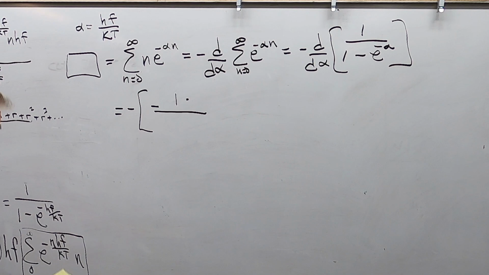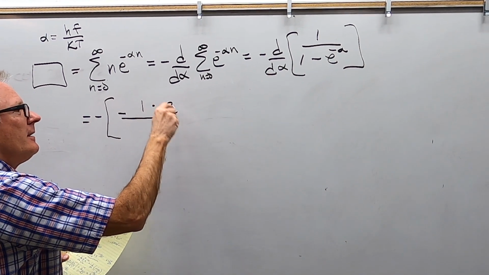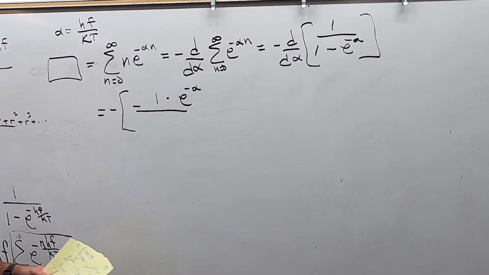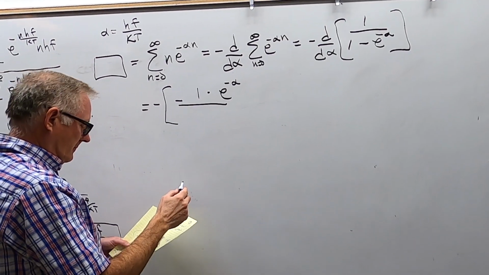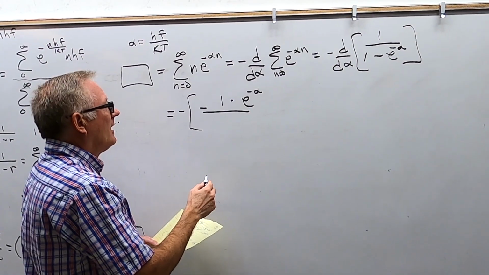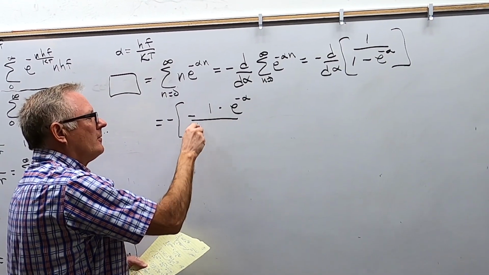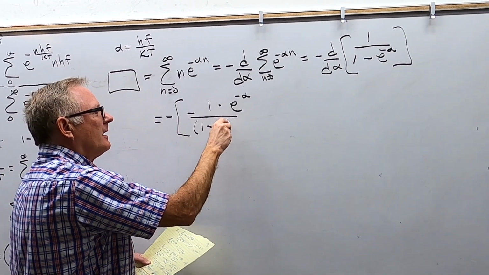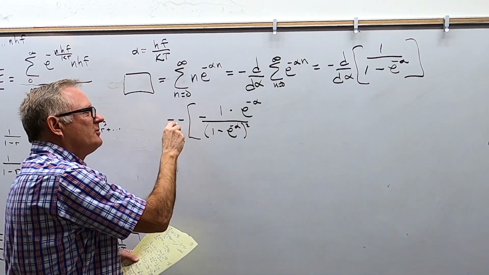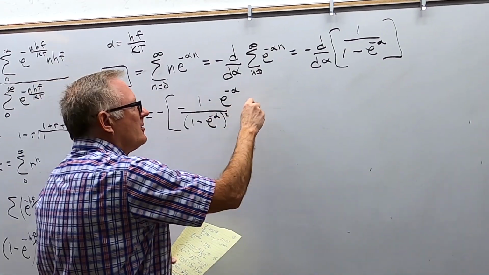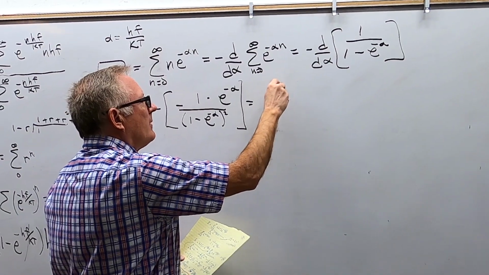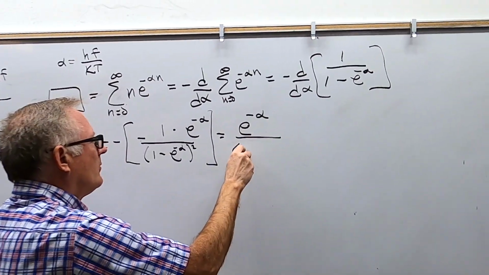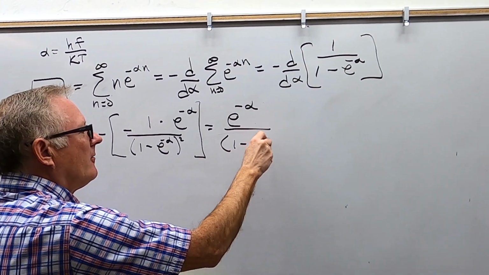So it's just e to the minus alpha all over the bottom squared, 1 minus e to the minus alpha, squared. Well, these two minuses drop out, so this is just e to the minus alpha all over 1 minus e to the minus alpha, squared.